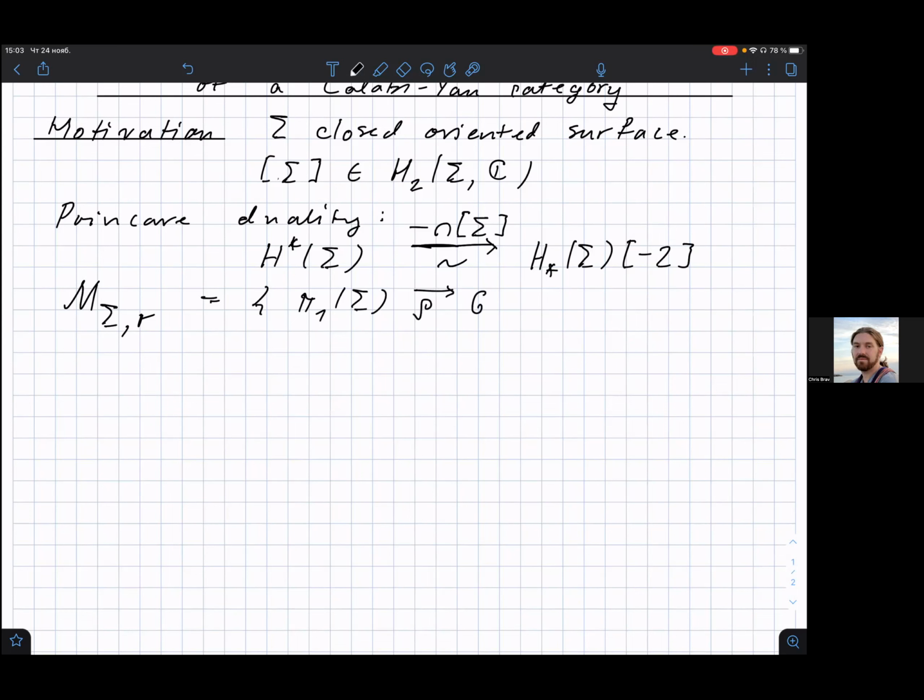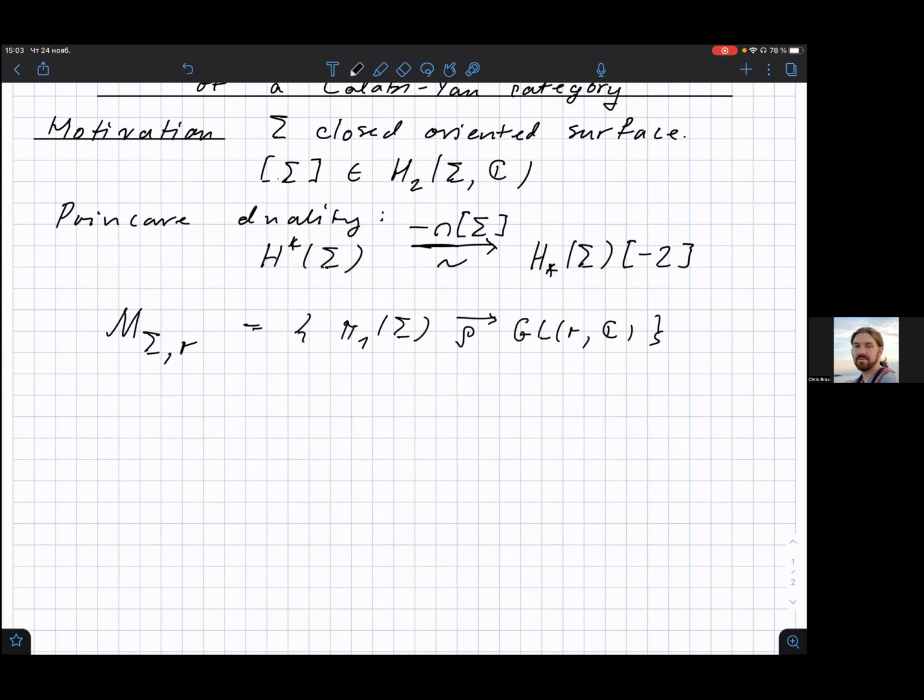So I'll look at representations of the fundamental group of rank R. So that's a set. And maybe I want to consider it up to isomorphism and consider some coarse moduli space, or maybe I want to remember all of the automorphisms and isomorphisms between them, and then I get some groupoid. So this is either called the character scheme or stack, depending on what you do with automorphisms.